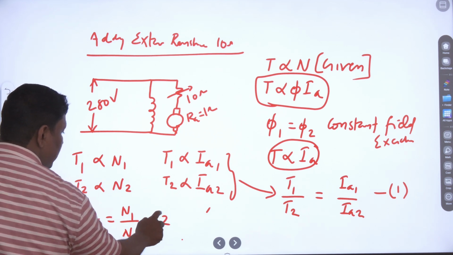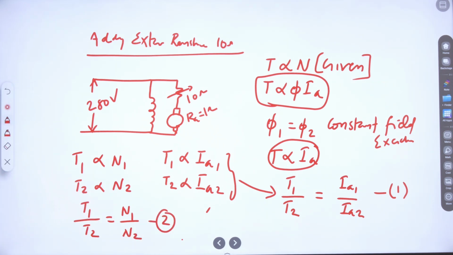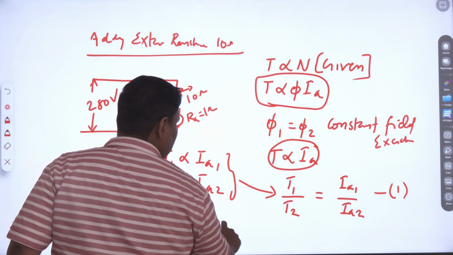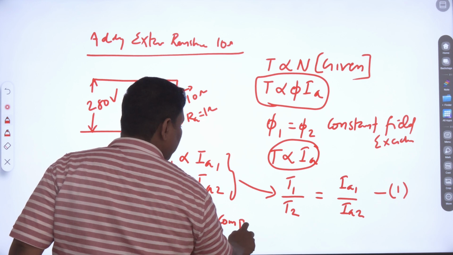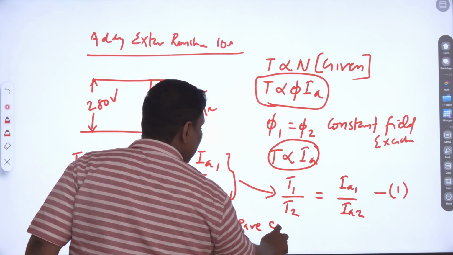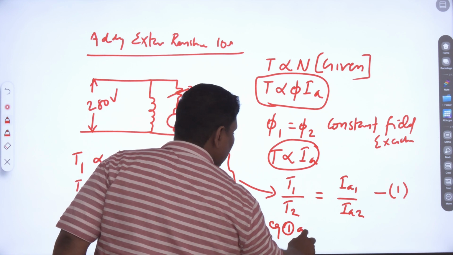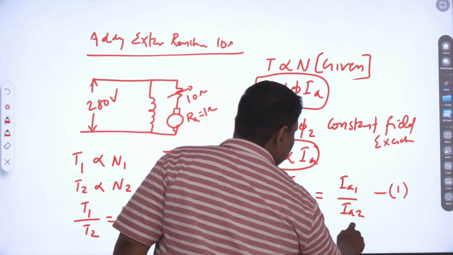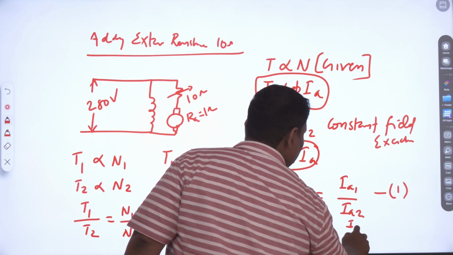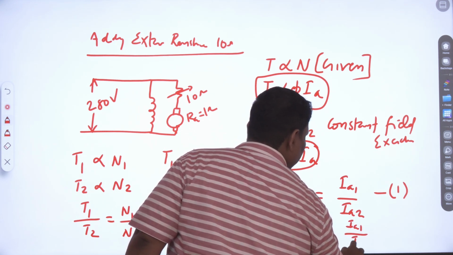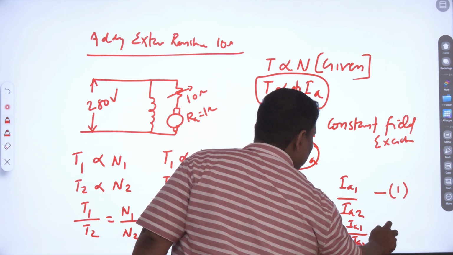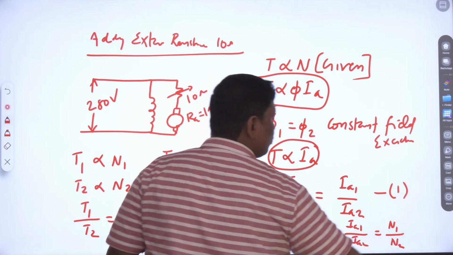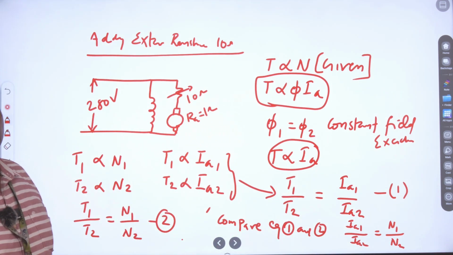This is equation number 2. Now compare equation 1 and 2. We get the relation IA1 divided by IA2 equals N1 divided by N2. Clear?